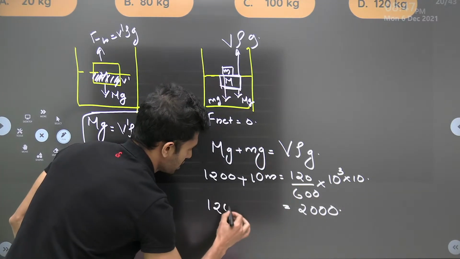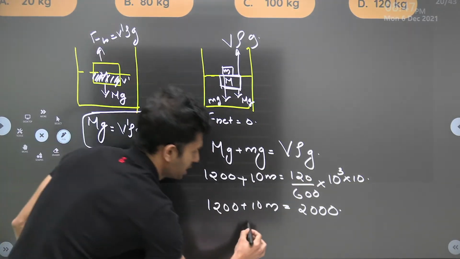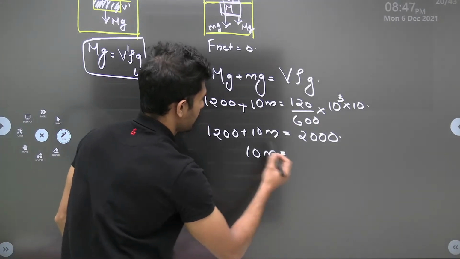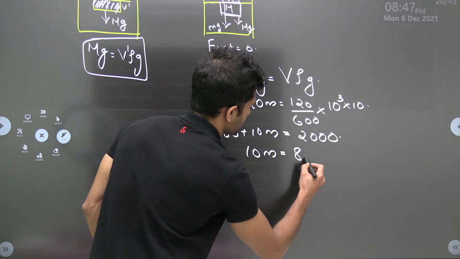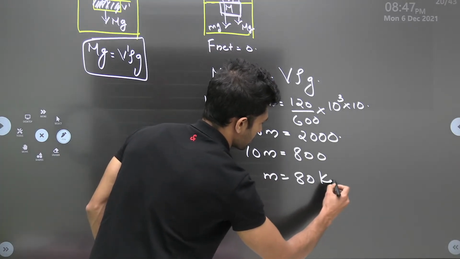So 1200 plus 10m is equal to 2000. So 10m is how much? 2000 minus 1200, how much is it? 800. m is equal to 80.